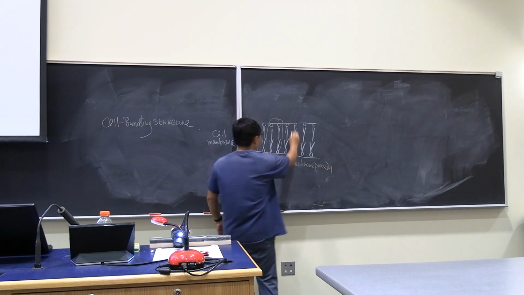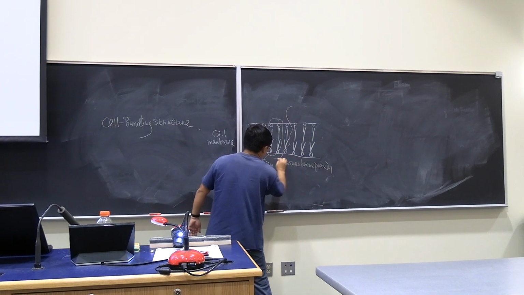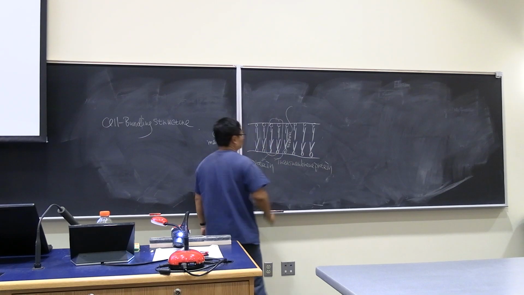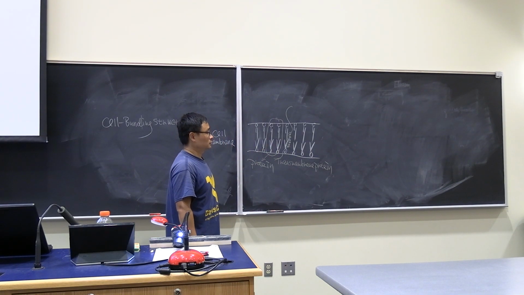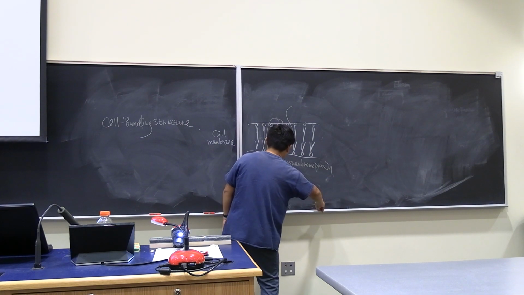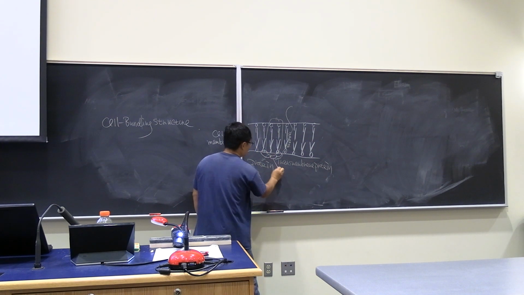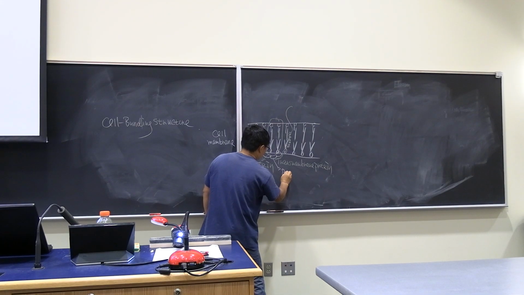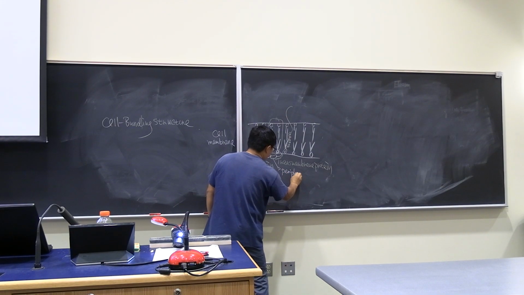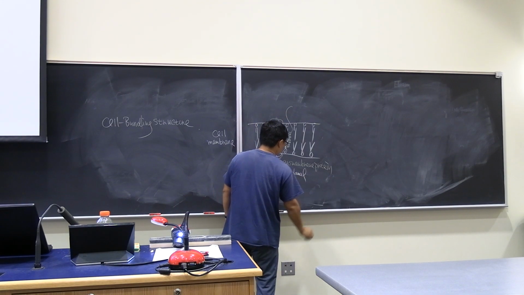It could be something like this. It also could be something like that. This we call peripheral protein.